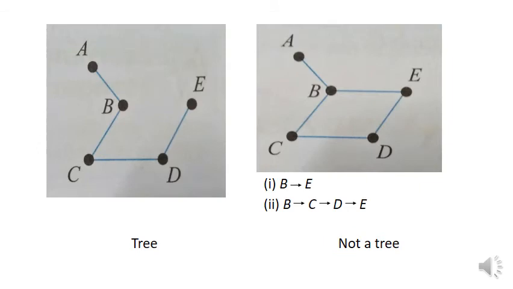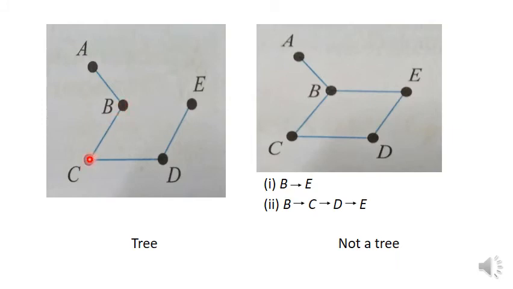Look at the next example. The first graph is a tree because each vertex is connected by one edge. For example, vertex A and vertex B are connected by one edge. Vertex B and vertex C are connected by one edge.